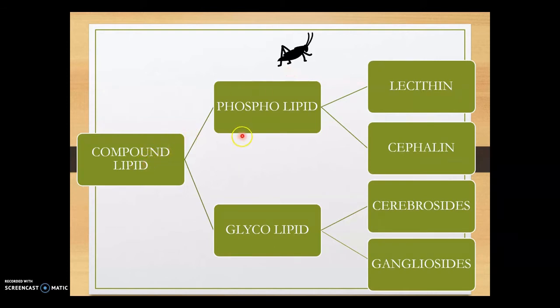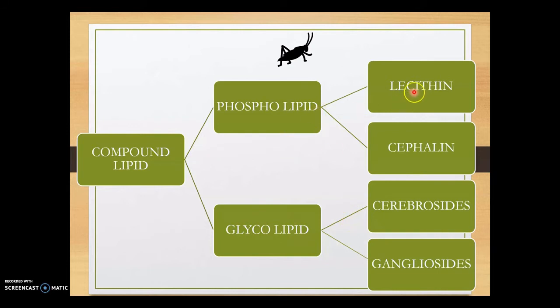While for compound lipids, there are two categories: the phospholipid and the glycolipid. If the lipid has an additional group called phosphate, then it is called a phospholipid. If the lipid has an additional group like glucose, then it's called a glycolipid.